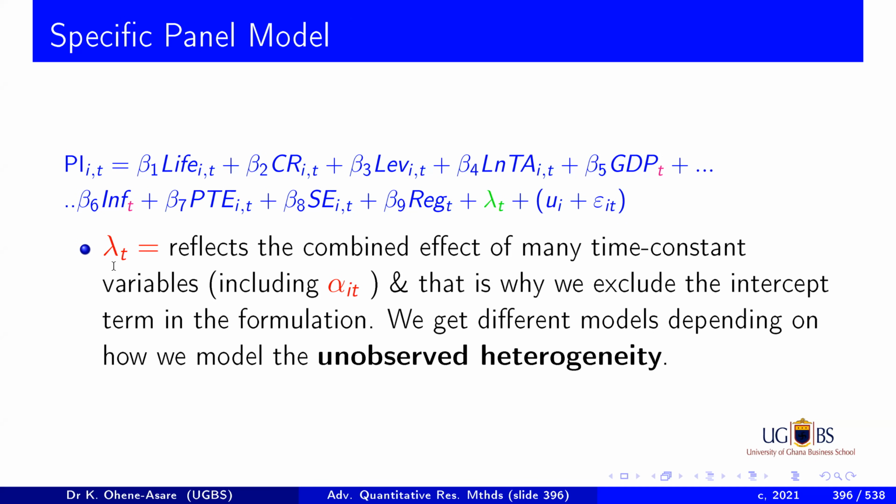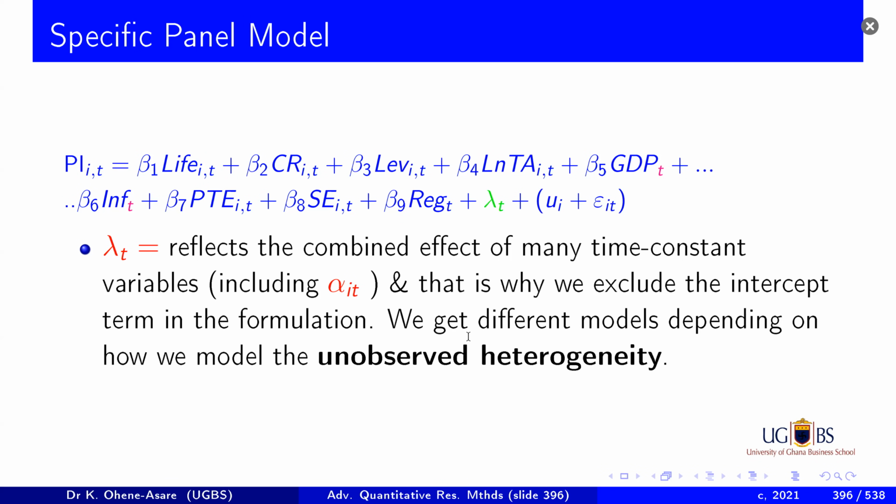Now, the lambda T, which is the time dummies, reflects the combined effect of many factors that are time constant variables. And that is why we exclude the intercept in the formulation. So you can see that this time dummy will capture the intercept. So if the intercept was there at all, it will capture it.